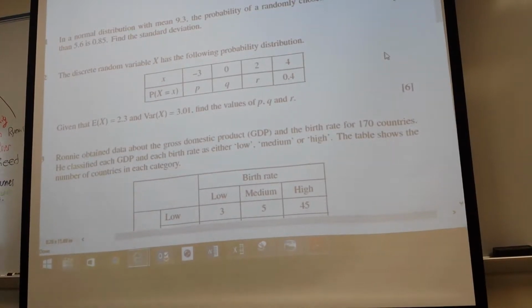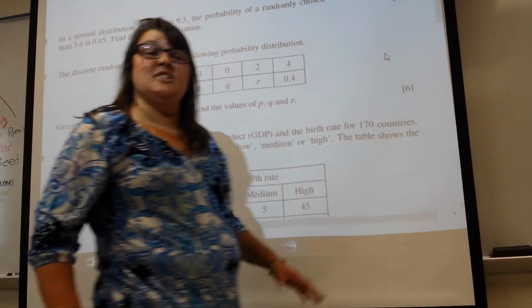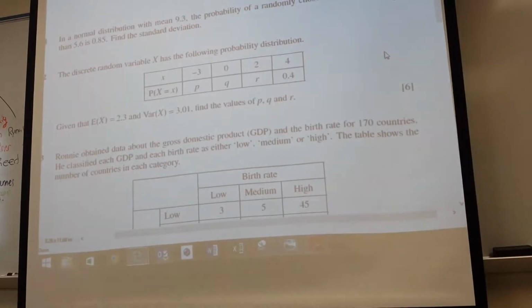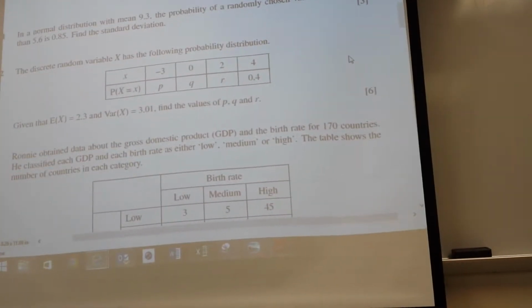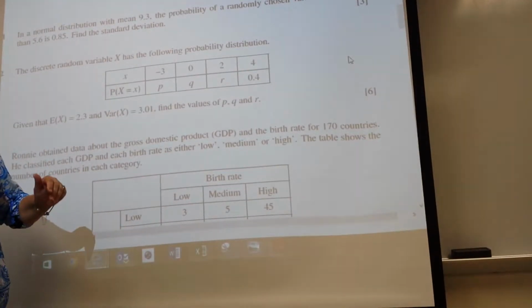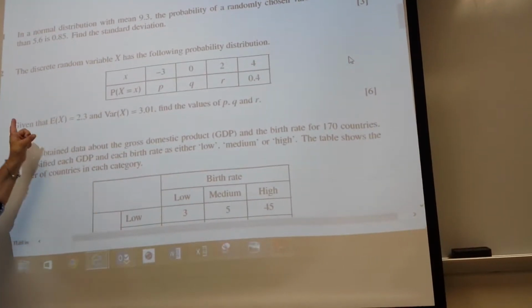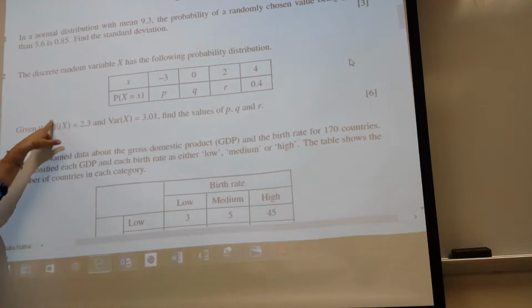Okay, does anybody want me to just set up the equations? Okay, so, while the others are still working, do you understand that they're actually giving you the E of X answer?